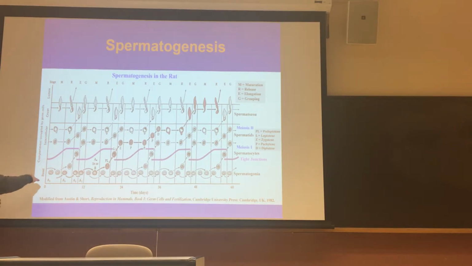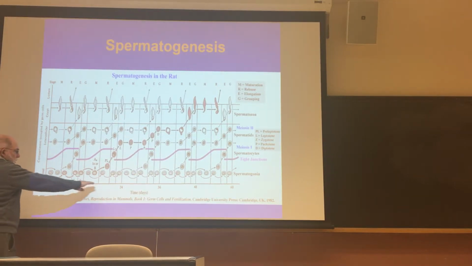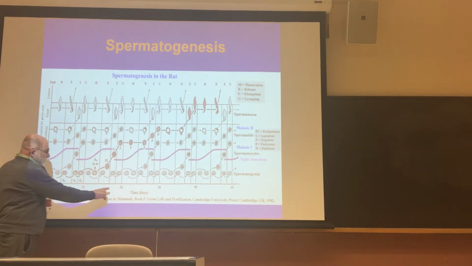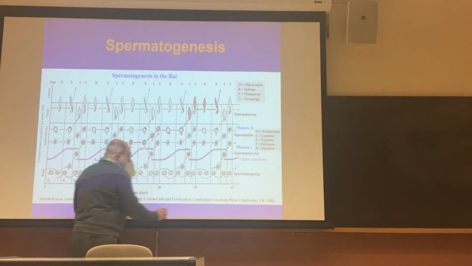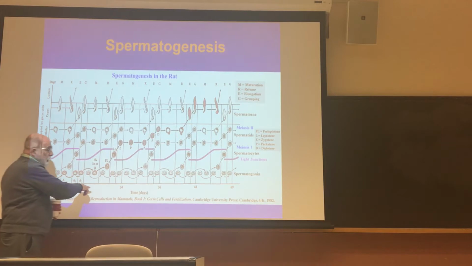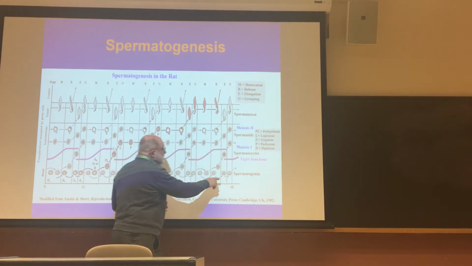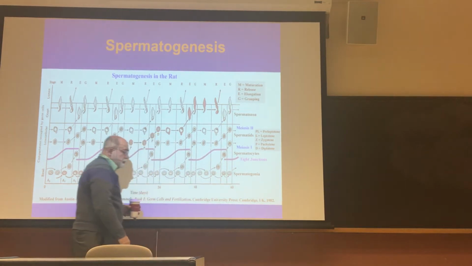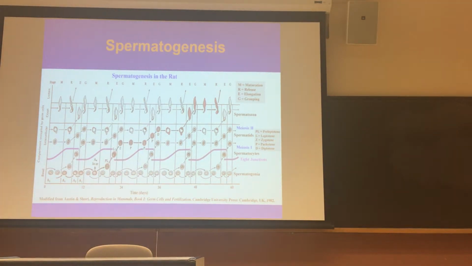The way this is arranged is you've got the basal compartment right near the basement membrane of the seminiferous tubules, and up here is the lumen. This is time in days, moving from the earliest stage identified as M, all the way out here to 60 days when you've finally got mature sperm showing up.